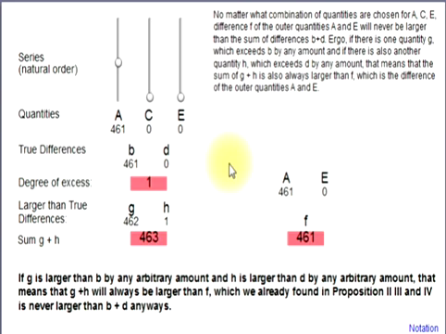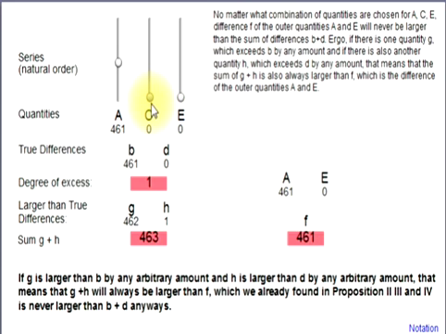As I said, Leibniz in this proposition added another degree to the whole thing by saying that if there is a quantity G which exceeds the true difference B by some amount, in our case we chose the amount 1, and if there be another quantity H which exceeds the true difference D by 1, it is of course also the case that the sum of G and H, this one here, is never going to be smaller than the difference of the outer quantities. And this is what we're going to show.